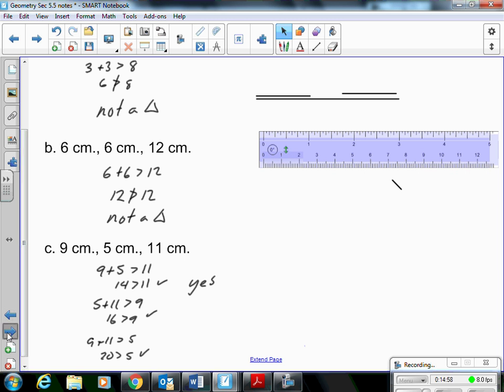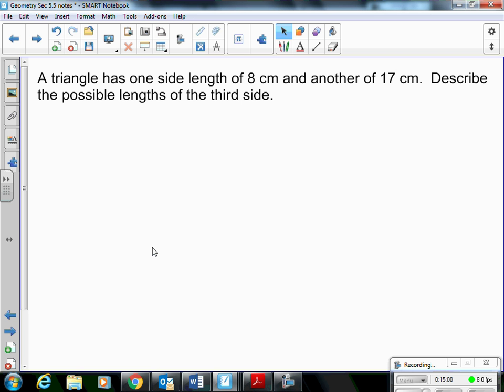All right, one last example here. The triangle has one side length of 8 centimeters and another of 17 centimeters. Describe the possible lengths of the third side. All right. So we got 8 and 17.